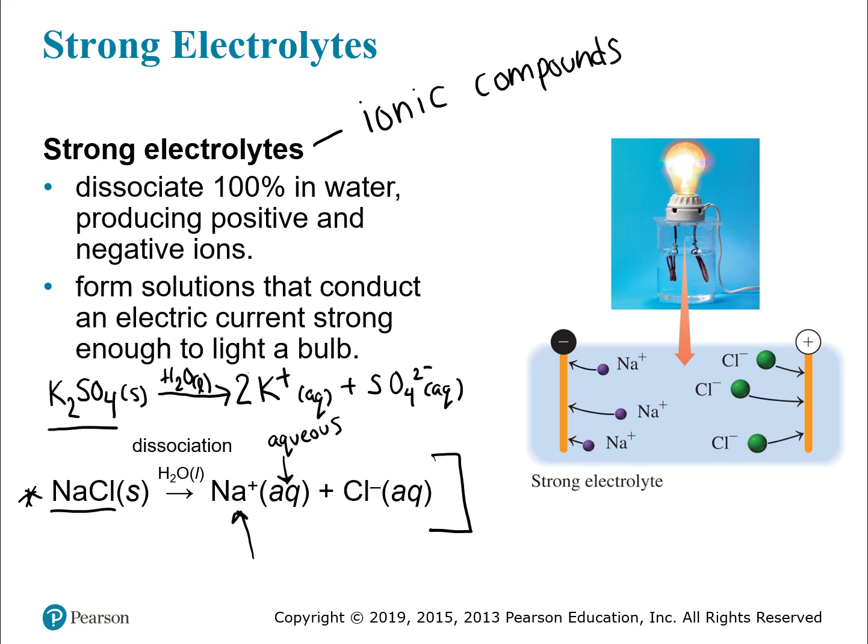So if you have potassium sulfate, you're going to make potassium ions and sulfate ions.